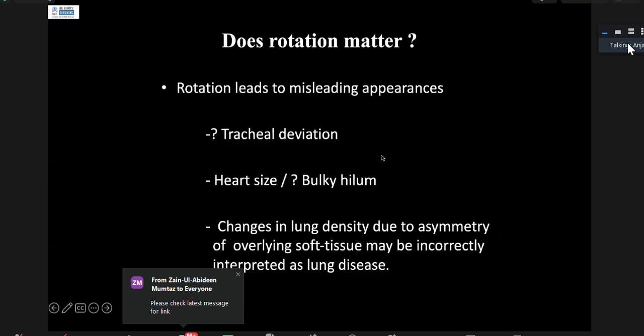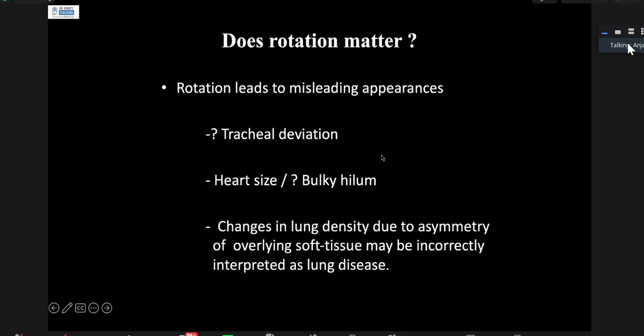So why is rotation important? Why is it important to understand that the patient is rotated? It can lead to misleading appearances of tracheal deviation. If the patient is rotated, then the trachea is going to fall on that side, and so it gives an appearance that the trachea is deviated. And then it may give a false appearance of abnormal heart size.